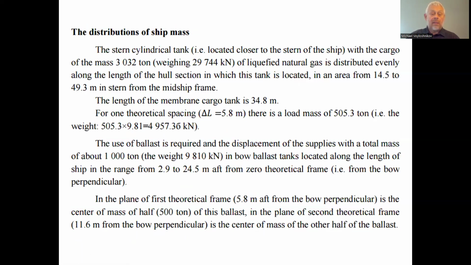Okay, distributions of the ship mass. The stern cylindrical tank, located closer to the stern of the ship, with a cargo of mass 3,032 ton, weighing 29,744 kilonewton of liquefied natural gas, is distributed evenly along the length of the hull section in which the tank is located, in an area from 40.5 to 49.3 meter in stern from the midship frame.